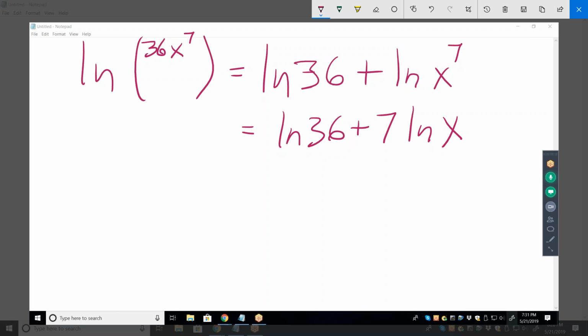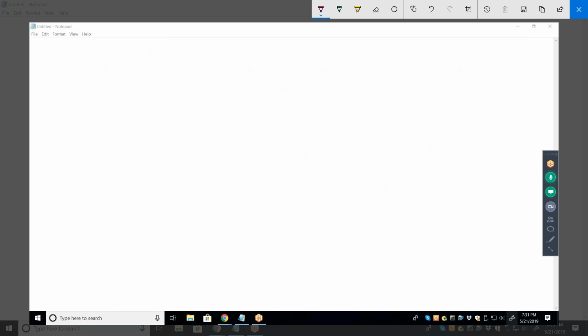Just always maintain the order that when you're expanding, do your separation first, and then bring down your exponents. Just like when you're contracting, do your exponents first, and then everything else after that.